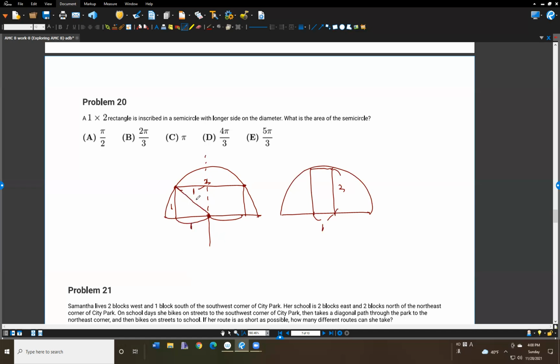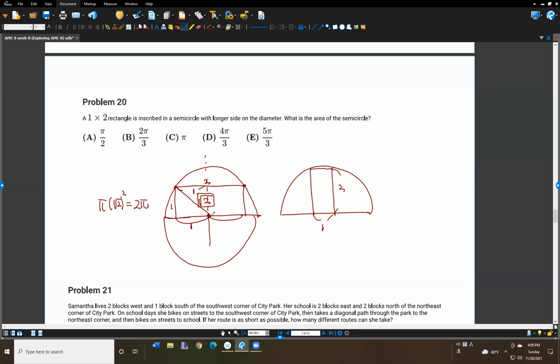So 1 squared plus 1 squared, that is the square root of 2, is the radius of the circle. Is it okay? Yeah, that's the radius. What is the area of this entire circle? Pi times root 2 squared, right? Pi r squared. Root 2 times root 2 is 2, that is 2 pi.